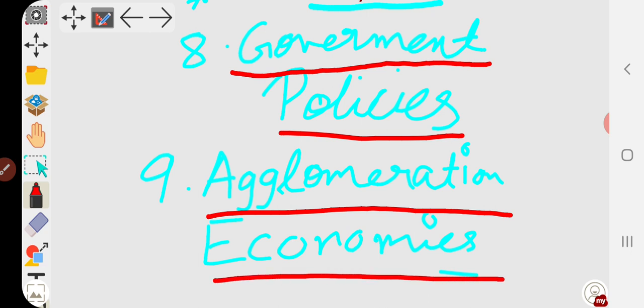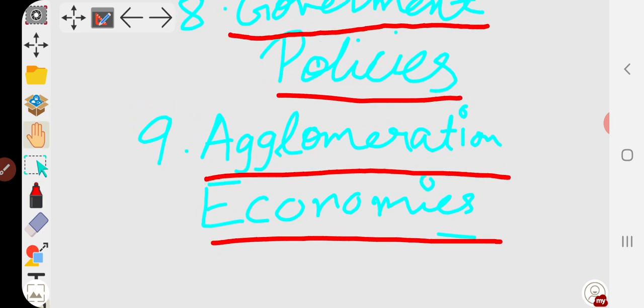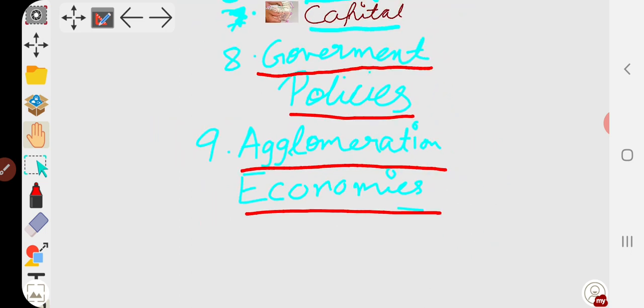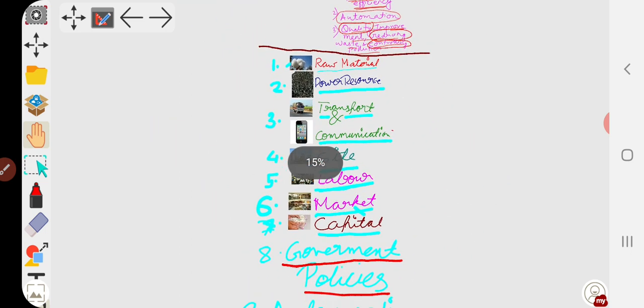Similarly, the subsidiary industries develop. Why? Because they get the benefit of all the facilities that the main industry is getting. All together we term it agglomeration economies. So these are the factors that basically help to develop an industry.